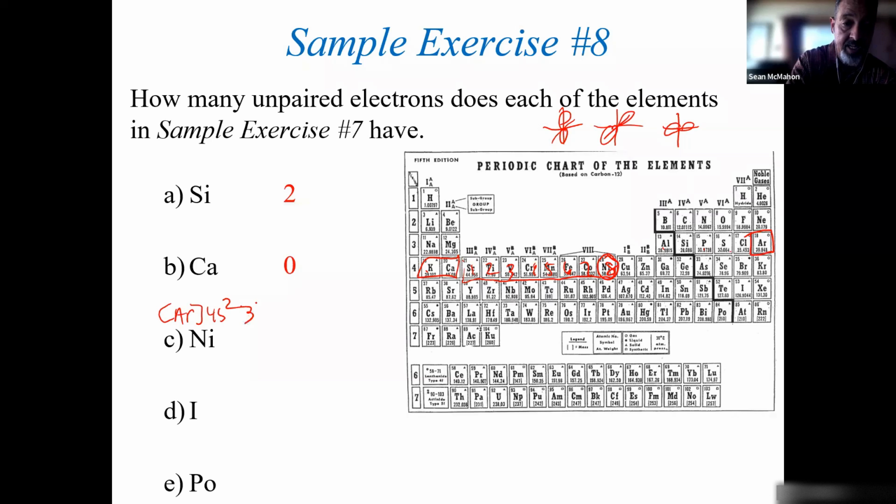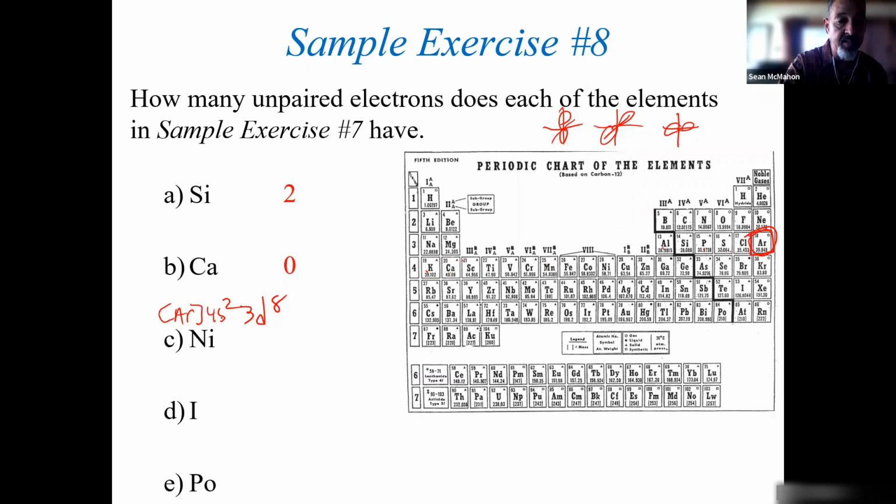So it's a 3d8. Now this is where it's tricky. We have to figure out how many orbitals. We're only doing it for the valence electrons. Which ones are the valence electrons? Anything outside of this argon shortcut configuration, those are all core.